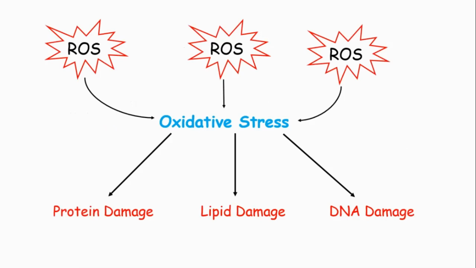Our cells have an antioxidant defense system which consists of antioxidant enzymes like SOD, glutathione, catalase, etc. The antioxidant enzymes convert these highly reactive ROS molecules into simple oxygen and water molecules. However, with age, a decline in the number of these antioxidant enzymes or a decline in their activity is observed, which leads to excessive ROS roaming around inside cells and damaging everything, which ultimately leads to cell death.